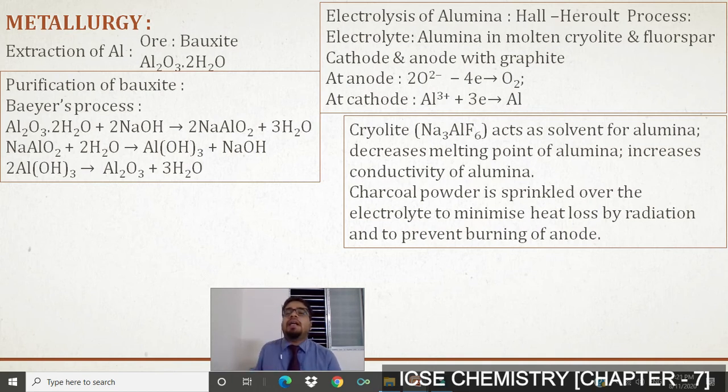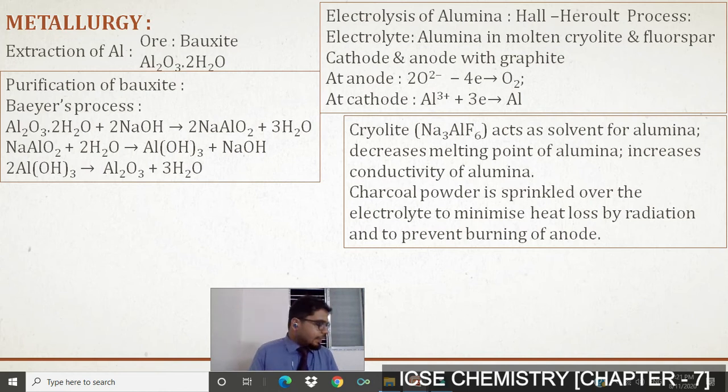And moreover, see, we are not doing the electrolysis of an aqueous solution of alumina here. We are doing what, children? We are doing the electrolysis of molten alumina, okay. Alumina is molten, that means you have to provide heat, you have to maintain a certain temperature to carry out this electrolysis.